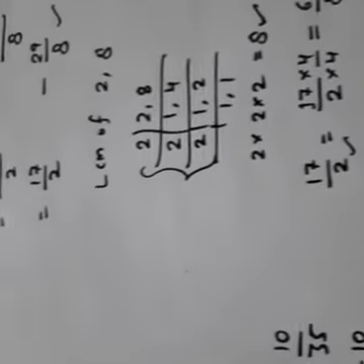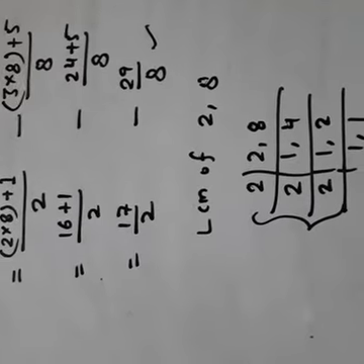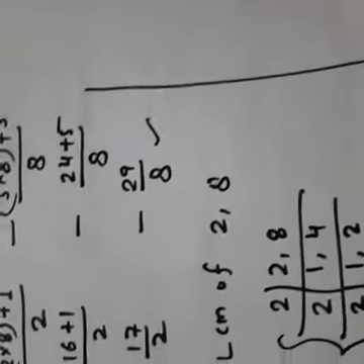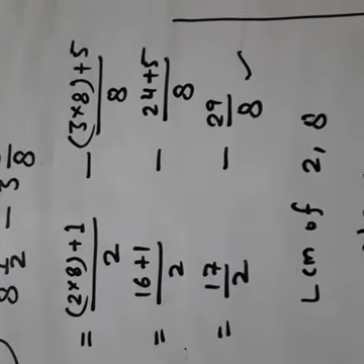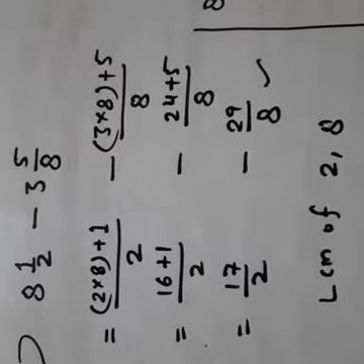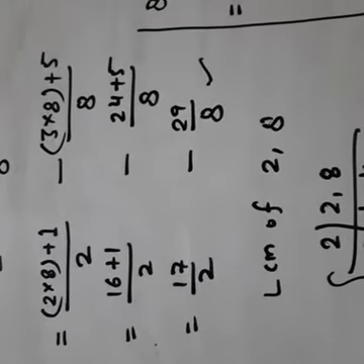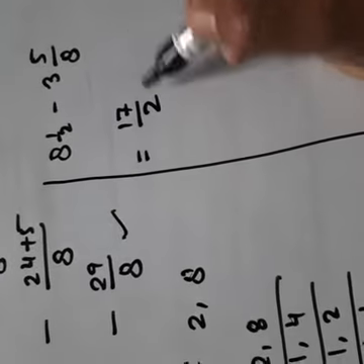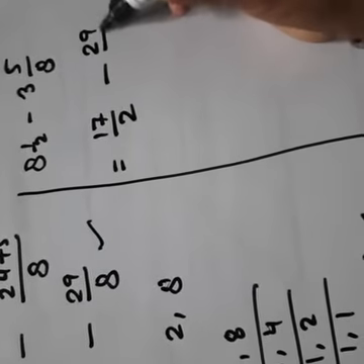So, students, whenever we add or subtract two fractions we find the LCM. Or we can also do the same thing by cross multiplication. So 8 and 1 by 2 minus 3 and 5 by 8. After converting these two into improper fractions you get 2 times 8 is 16 plus 1, 17 upon 2, and 8 times 3 is 24 plus 5, 29 upon 8.